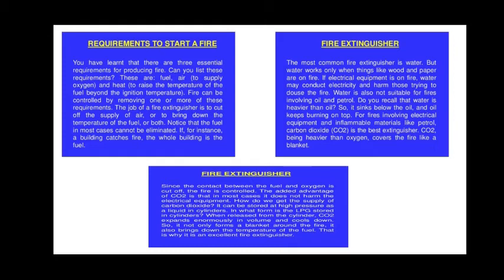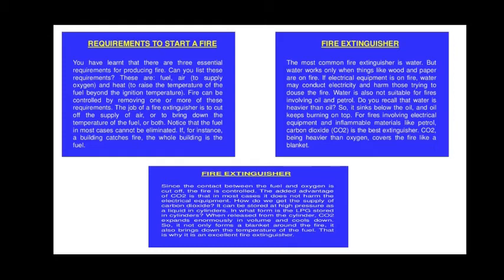So water is not suitable for all fire accidents, especially those involving electrical appliances and oil and petrol. If oil, petrol and electrical equipment catch fire, we should not use water as an extinguisher. It is only meant for paper and wood.